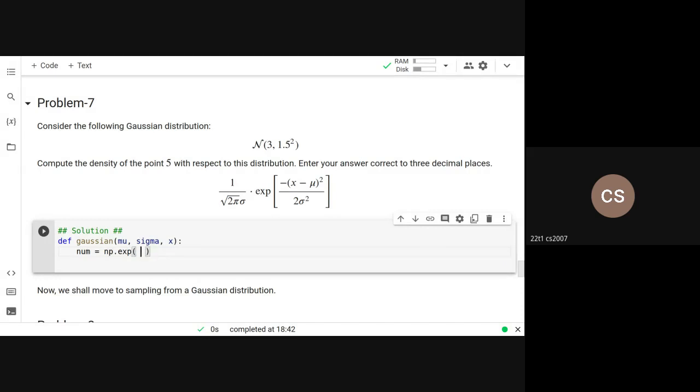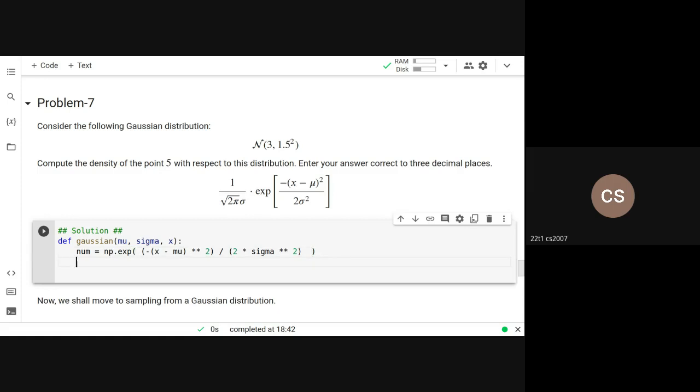So the something is minus of (x minus mu) whole square divided by 2 into sigma square. Let me add a bracket so that it's clearer. Okay, so that is the numerator.